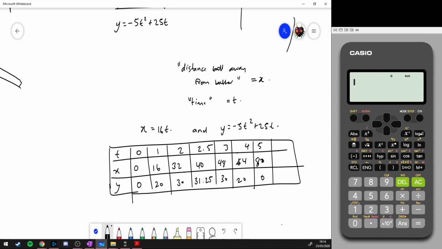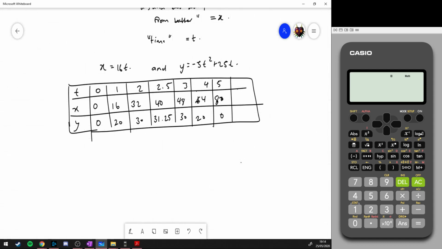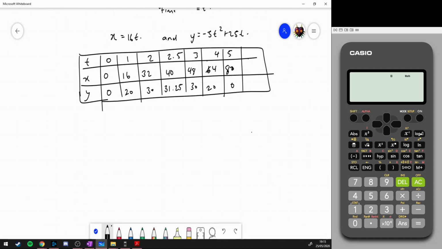These two equations are saying the first one continues going along, but the second one makes this arc, so it goes up and comes back down. So we can actually graph these two values against each other with respect to t.